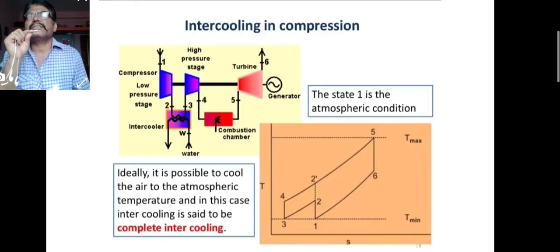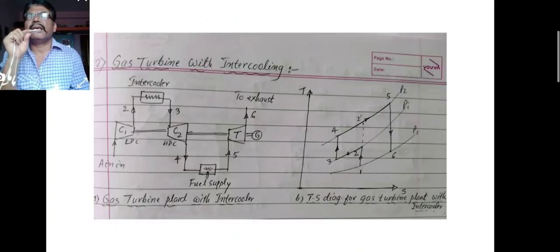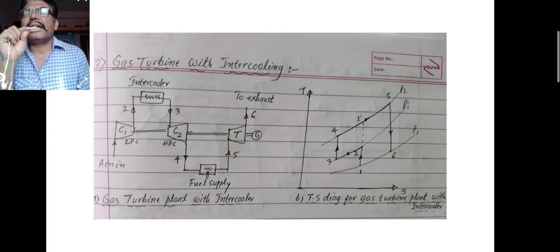Then the next part is intercooling in the compression. In intercooling, there are stages of the compressor as shown in the figure. There is a turbine and there is an intercooler provided in between two of the compressors. Then the TS diagram, let us see next. This is the actual diagram of the gas turbine with intercooling.